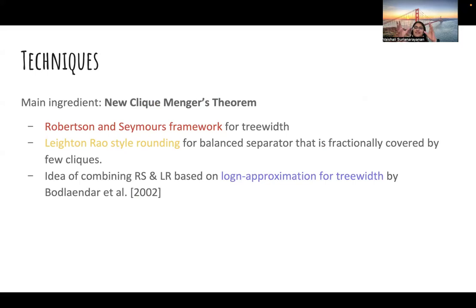Leighton-Rao style rounding means the ball growing argument of Leighton-Rao. And the idea of combining this Robertson-Seymour framework and Leighton-Rao style rounding actually stems from the log n approximation for treewidth by Bodlaender et al. So we make this combination of Robertson-Seymour and Leighton-Rao work for fractional hypertree width, right?